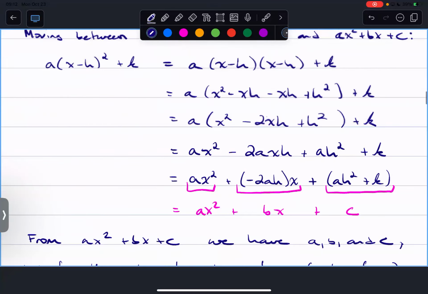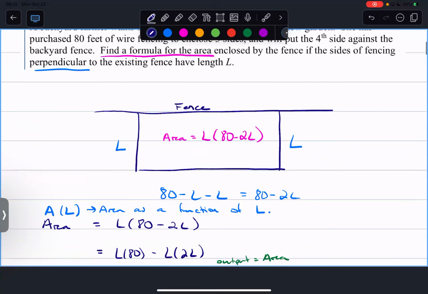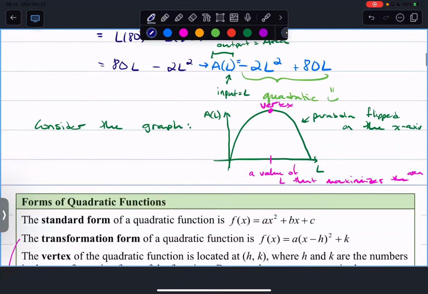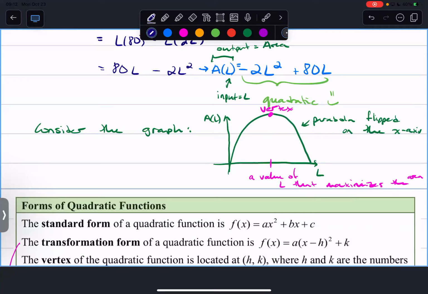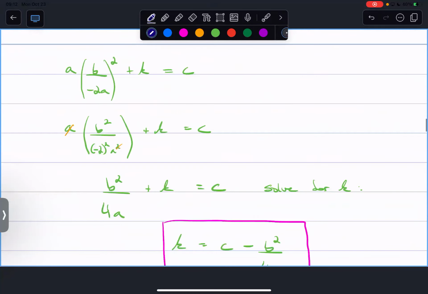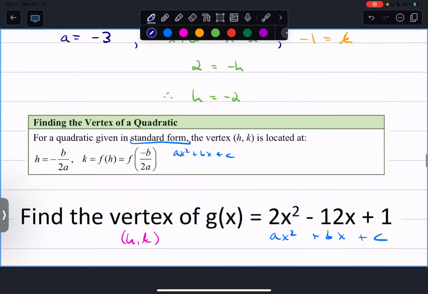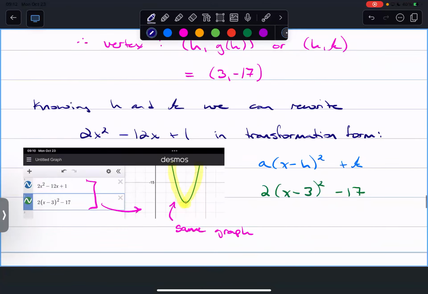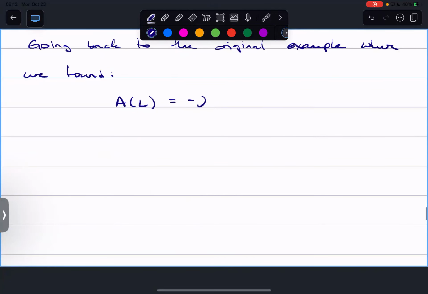Scroll all the way back up. -2L squared plus 80L.